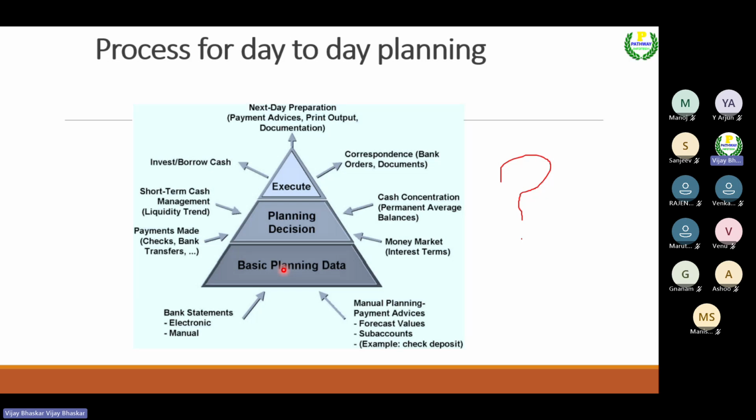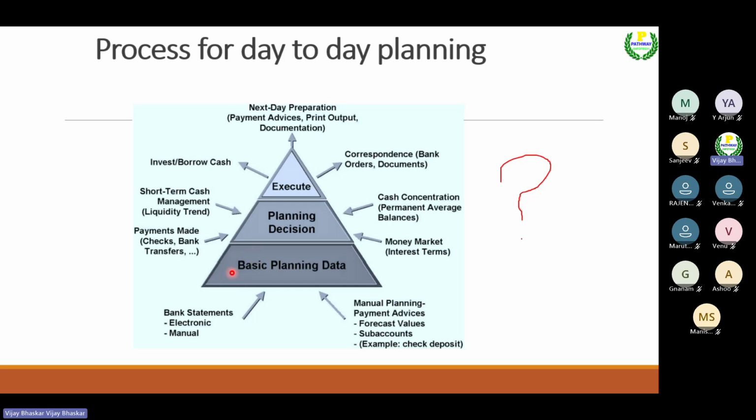Based on that, yes, we can do the planning. If the organization does not do proper planning, management's decision making will definitely be delayed, and that will have an impact on the organization's performance.